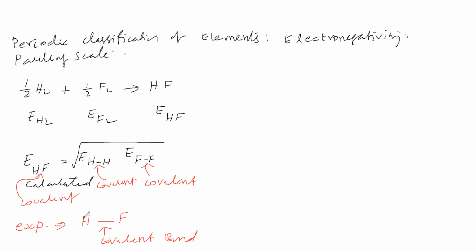The electronegativity of H is 2.1. The electronegativity of F is 4. Therefore, F can attract the bonding electron cloud to a greater extent than H. Therefore, in HF, fluorine takes more share of this bond, so it is partial negative.